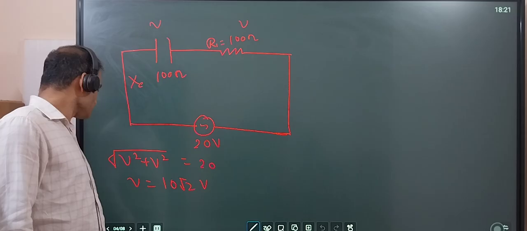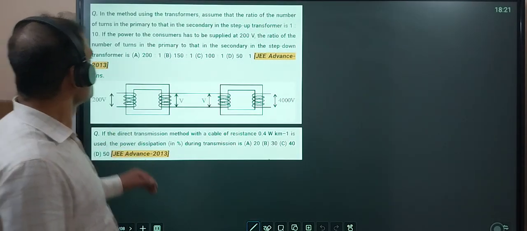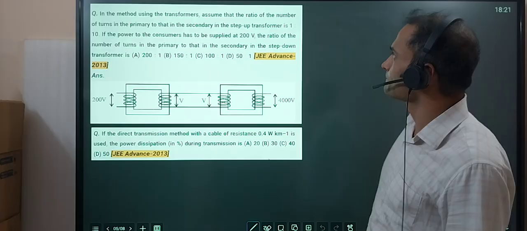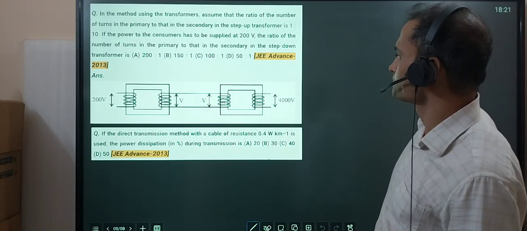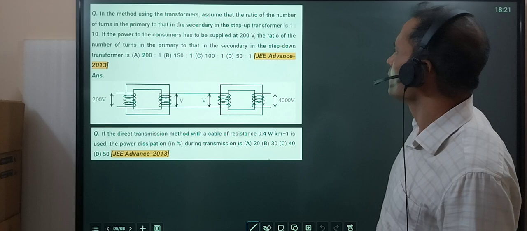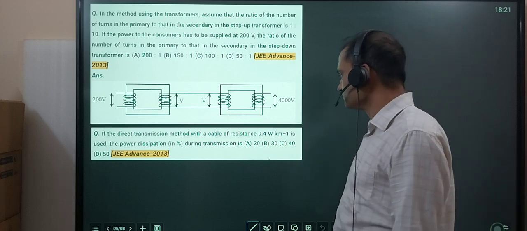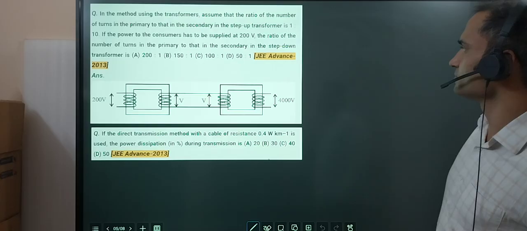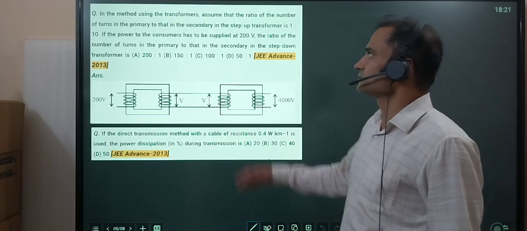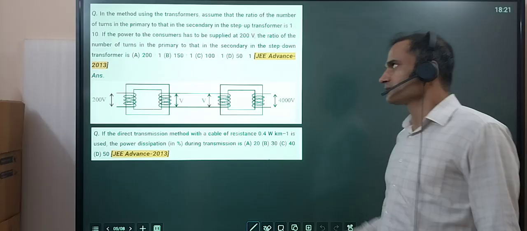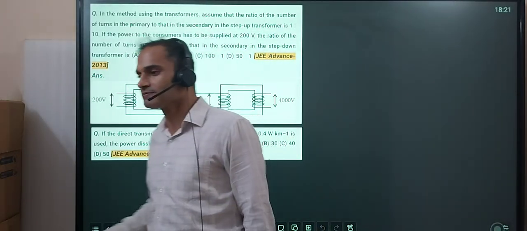Now the next question. This is the question, and it looks like I am missing something here. Some information is missing, I will write that information. What is happening?